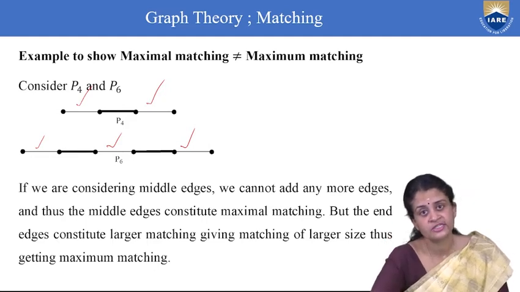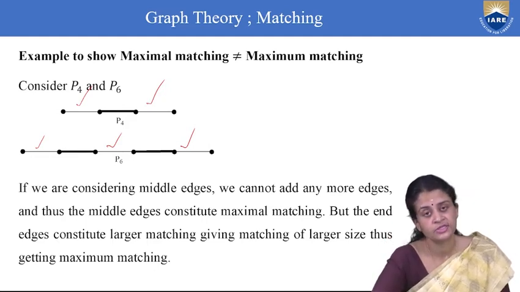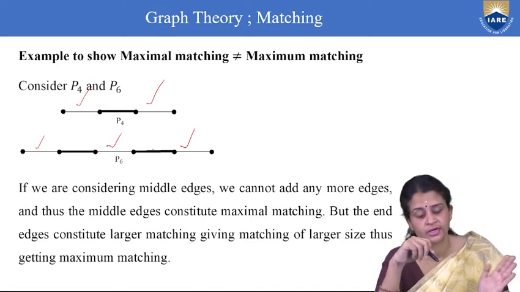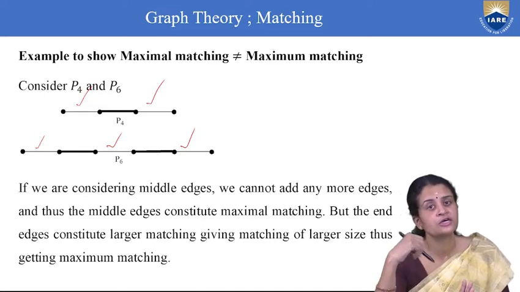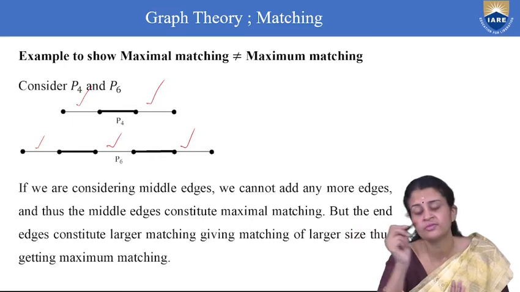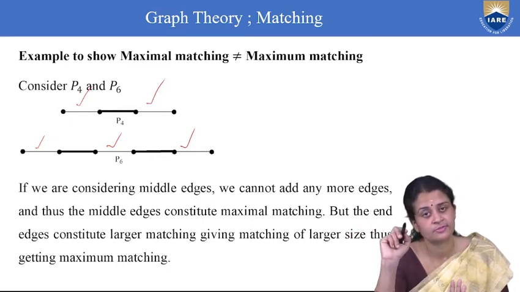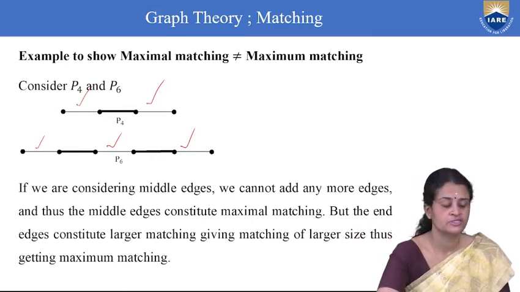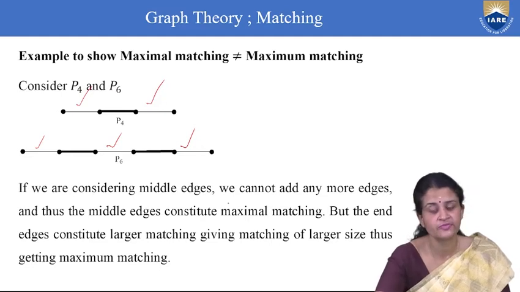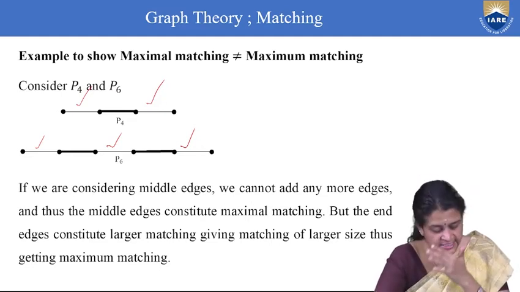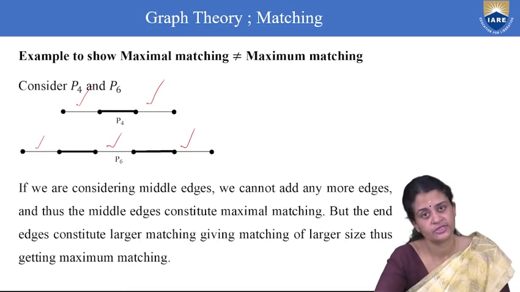So what is the maximum matching? It is with 3. Here it is 3. Maximal matching is also 3. But when we consider the middle edges, it is also a maximal matching, but it is not at all a maximum matching. Once again, with the middle edges we cannot add more edges, as the middle edges constitute a maximal matching.